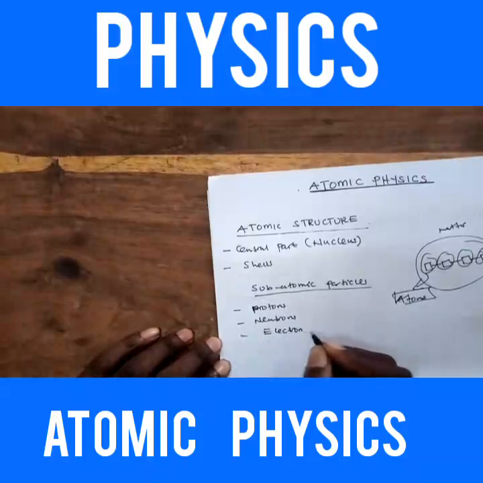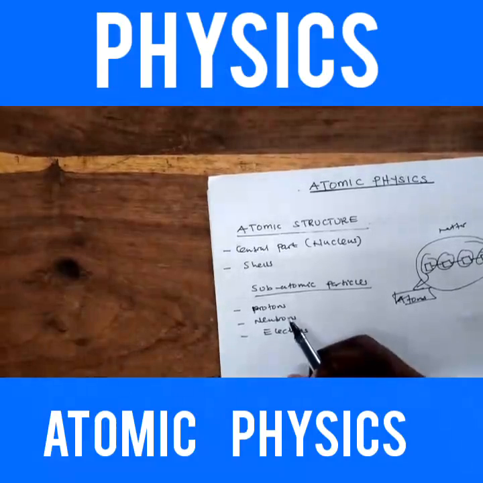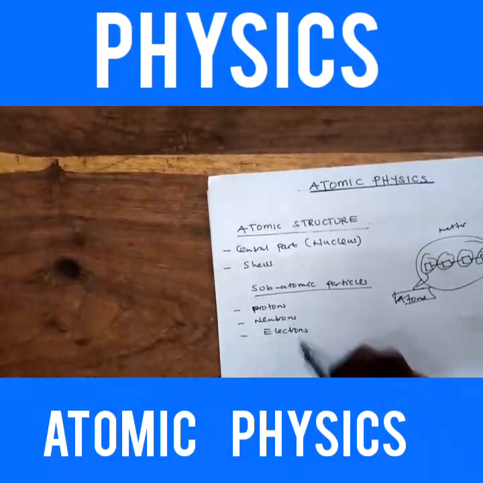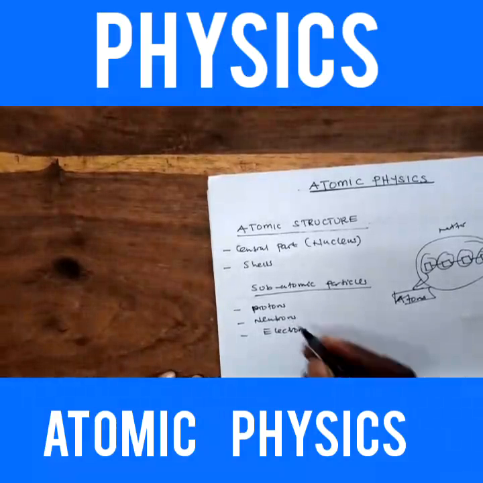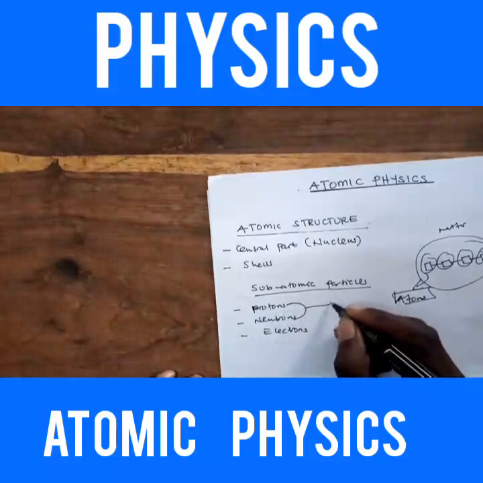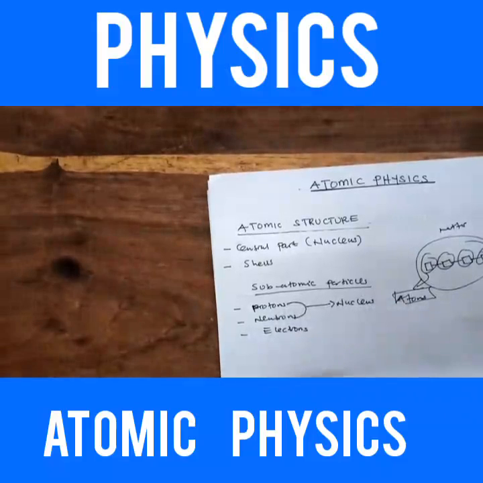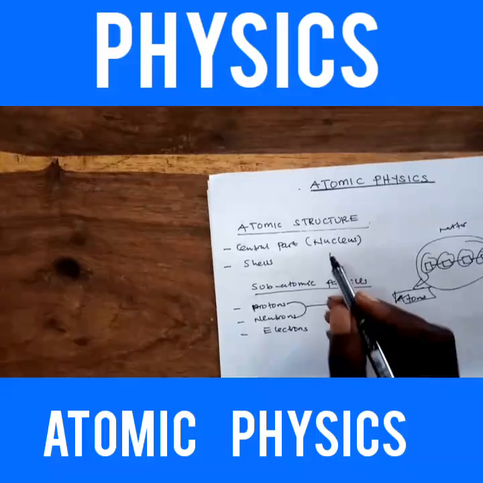So within an atom, we have three particles that are found in there. The protons and the neutrons are found in the nucleus. They are bound within the nucleus. They are fixed in this nucleus.